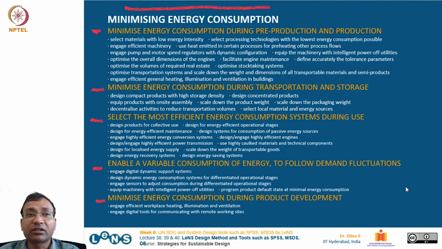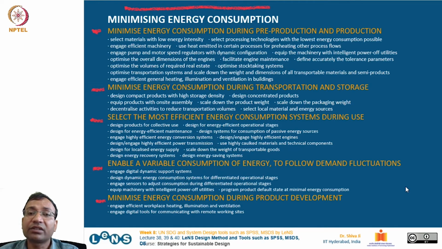Select processing technologies with the lowest energy consumption possible. We should go for energy efficient machinery. Use heat emitted in certain processes for preheating other process flows, so the energy wasted in one process can be utilized for another process. Engage pump and motor speed regulators with dynamic configuration.